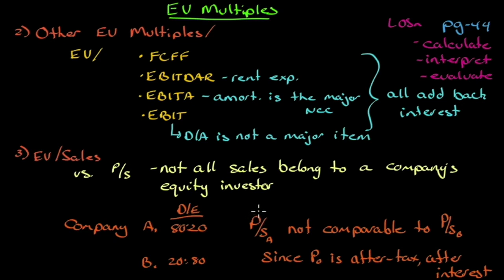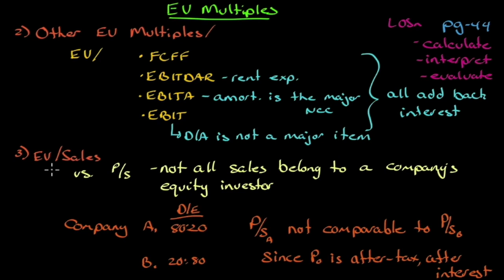Well, you pay off the debt providers first. So some of the sales that we're making goes to pay back principal and interest. That's simply not available to the equity investor, yet we're using in the numerator a measure of the value of equity as opposed to a measure of the value of all the sources of capital. So enterprise value to sales sort of corrects it.